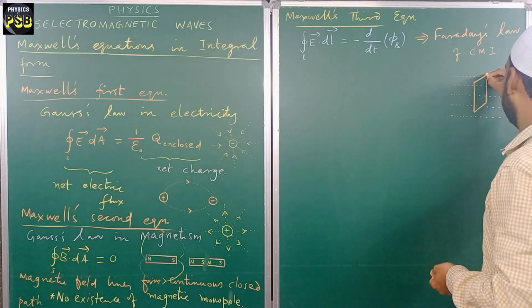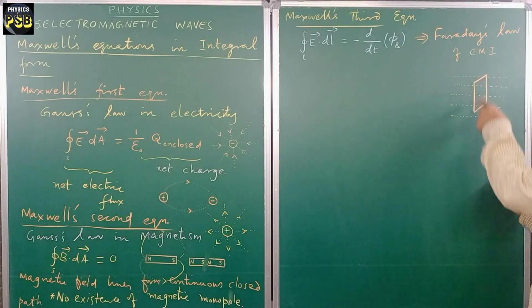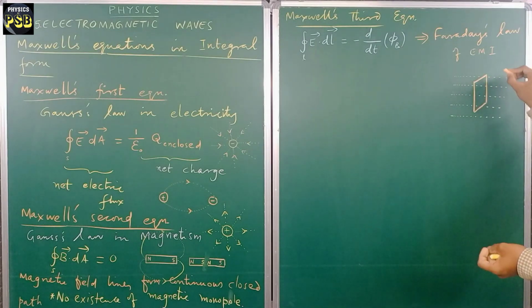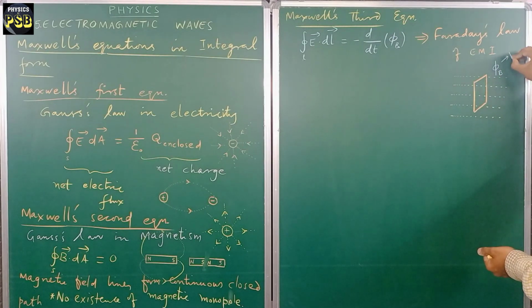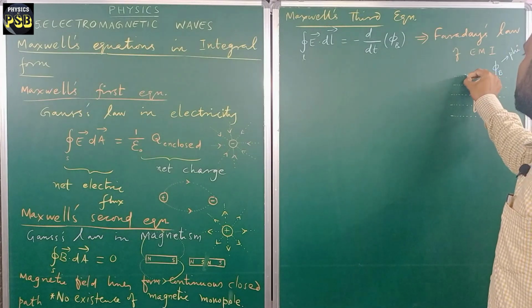The number of magnetic field lines crossing this given area is referred to as magnetic flux, represented by the letter phi b. Now this we have studied long ago. This gives the direction of the magnetic field lines.